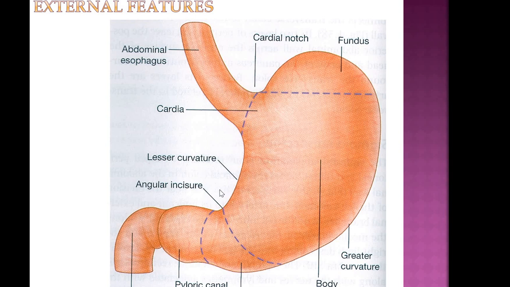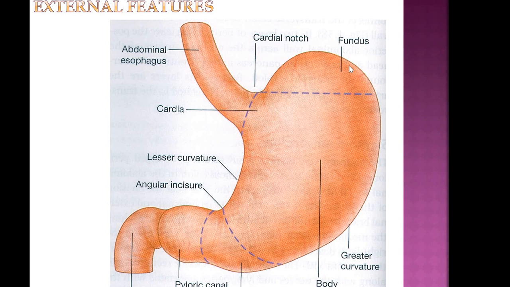Then the parts of the stomach: it has two parts, the cardia and the pylorus. These two parts are divided by a line drawn from the incisura angularis towards the greater curvature of the stomach. The cardiac part again has two parts, the fundus and the body. The part above a horizontal line drawn from the cardiac notch is called the fundus of the stomach.